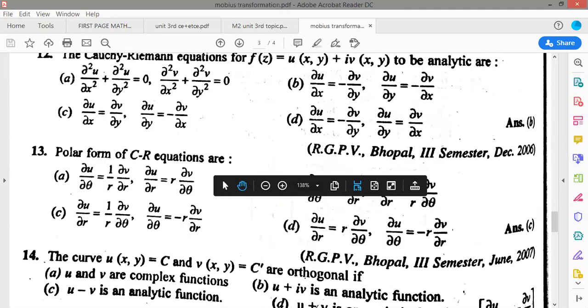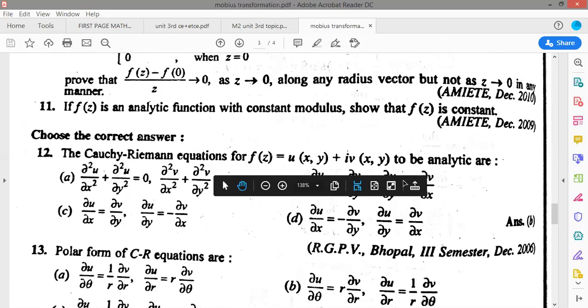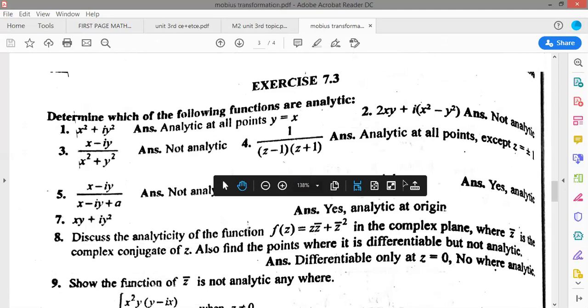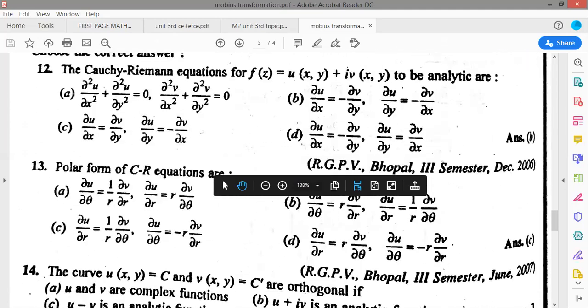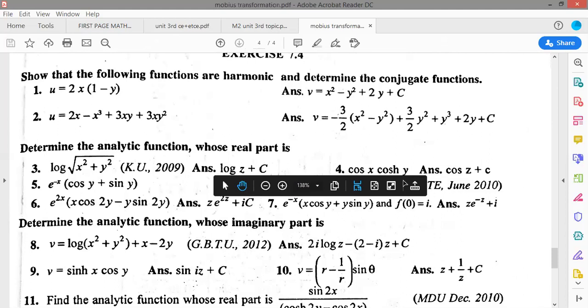If you guys have any problem, then write a comment and I will tell you the answers of these questions. And there is another exercise, 7.4, and this exercise is related to your harmonic conjugate topic, harmonic function and harmonic conjugate. So just solve all these questions.